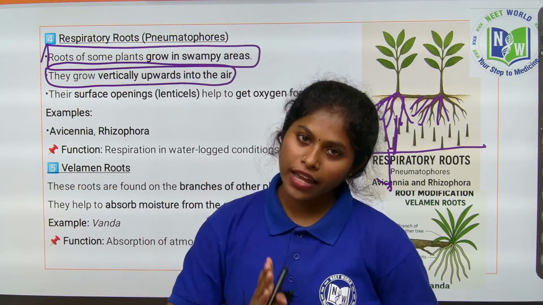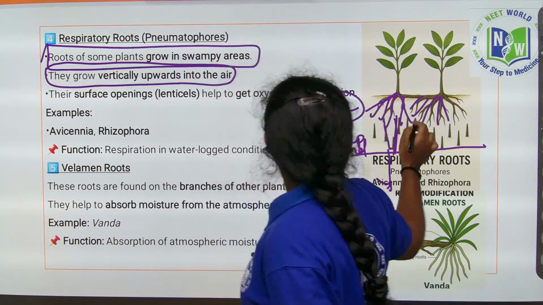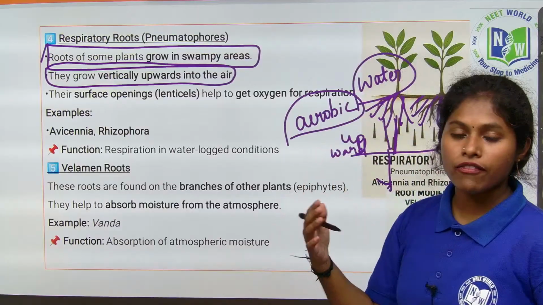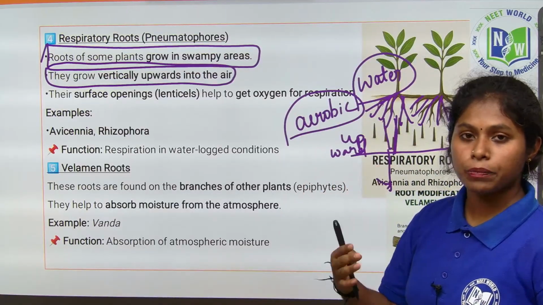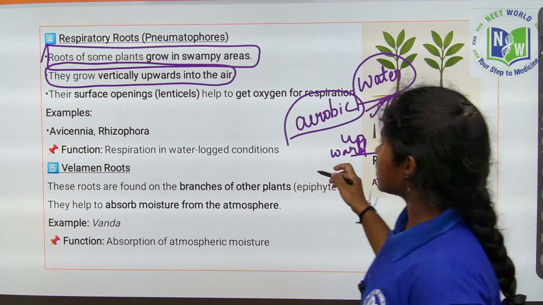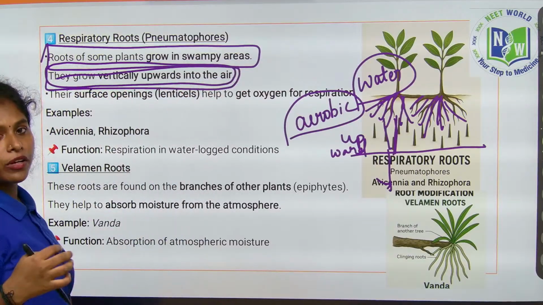For respiration, the aerobic reactions also happen in the plant. In the waterlogged regions, there is no air available for the roots to take in. That is why the roots grow vertically upwards to the air, for the requirement of oxygen.